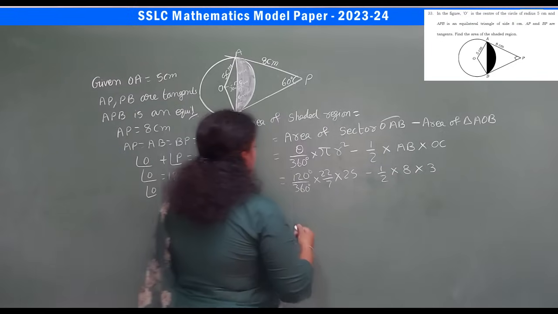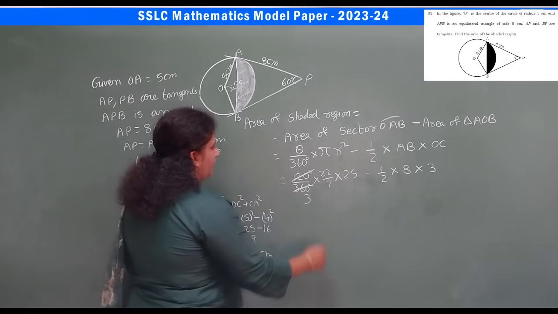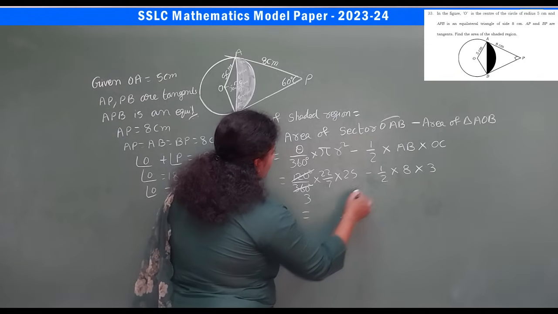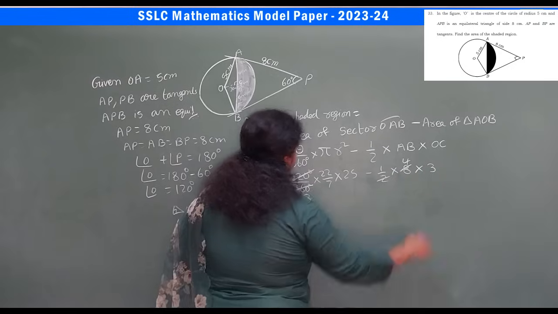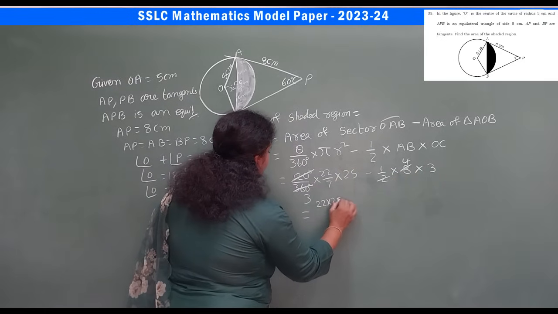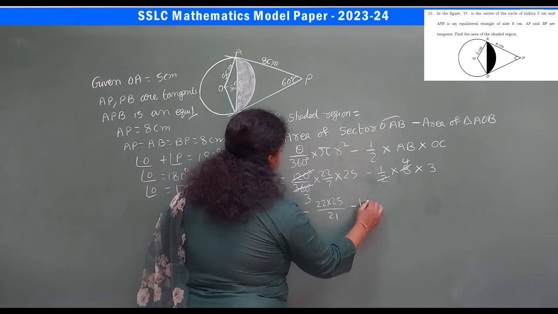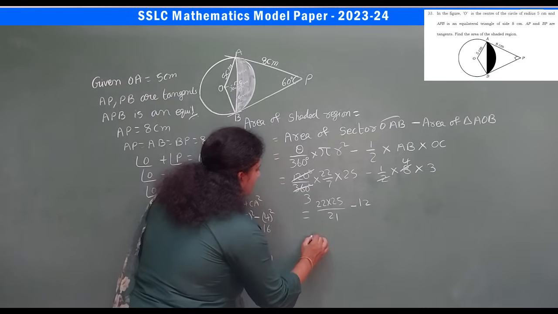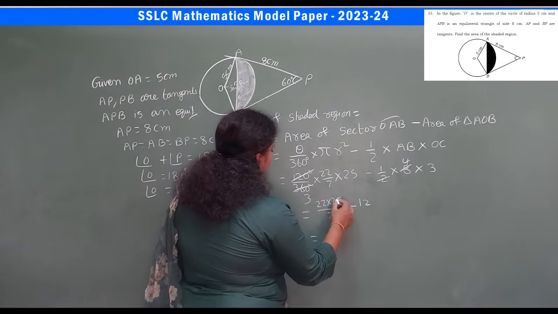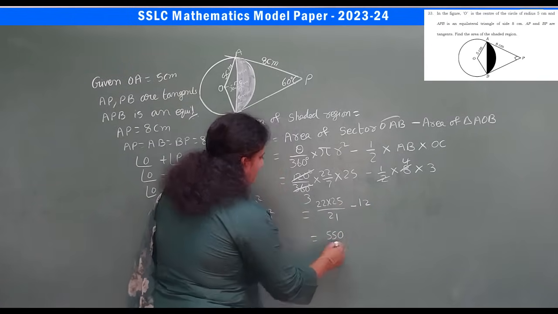Substitute here. 120 by 360, and now you cannot cancel here. 2 4s are 8. Now this one will be 22 into 25 by 7, minus 4 3s are 12. 22 into 25 will be 550.